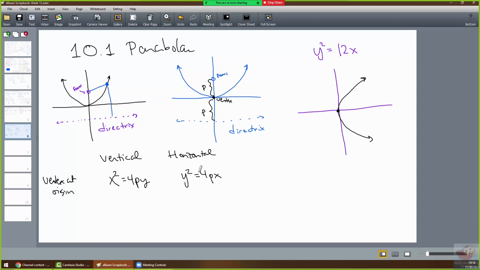Well, if the coefficient of the linear side is 4p, that means that our 12 is really equal to 4p, which means p must be 3. So from the vertex, because the parabola opens to the right, we move 3 units to the right to find the focus. So that puts us at the ordered pair (3, 0), because we traveled p units.